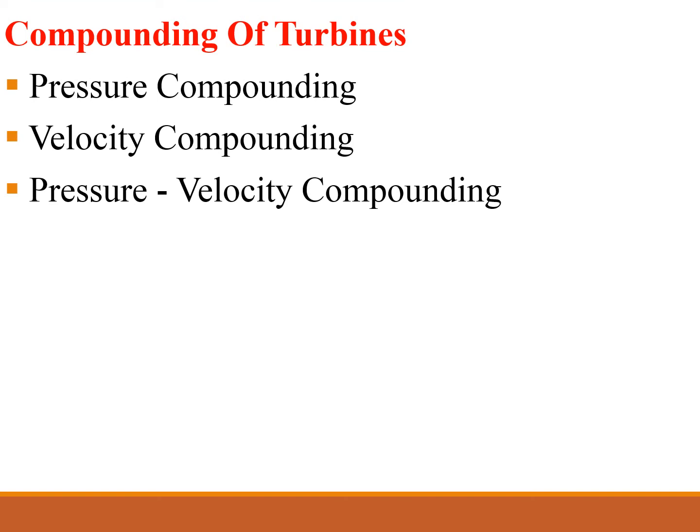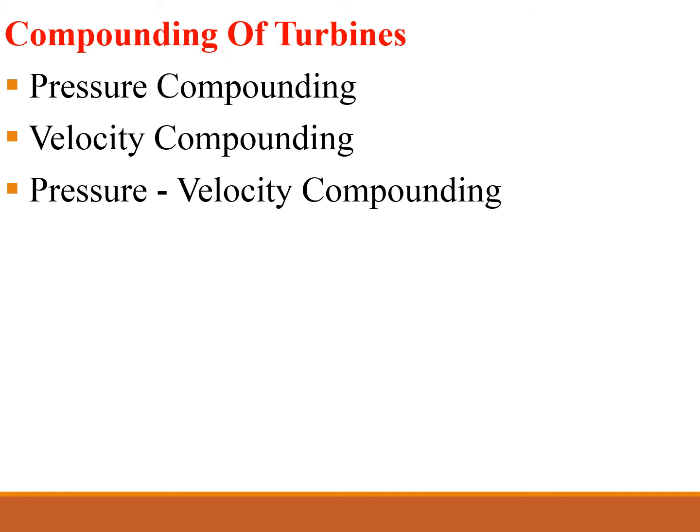Generally, in a steam power plant, the steam is expanded from boiler pressure to condenser pressure. Its velocity is extremely high. This results in a high rotational speed of the turbine, as speed is directly proportional to the steam velocity.